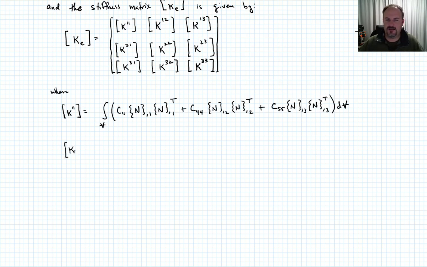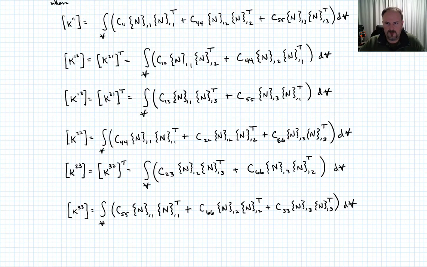Something to note is that the block diagonal sort of transpose component, so the K12 is related to the K21 via a transpose. So K12 is equal to K21 transpose, right? That keeps the stiffness matrix symmetric. Okay, so here are the 9 8 by 8 submatrices and their equations that you need to use to compute them.